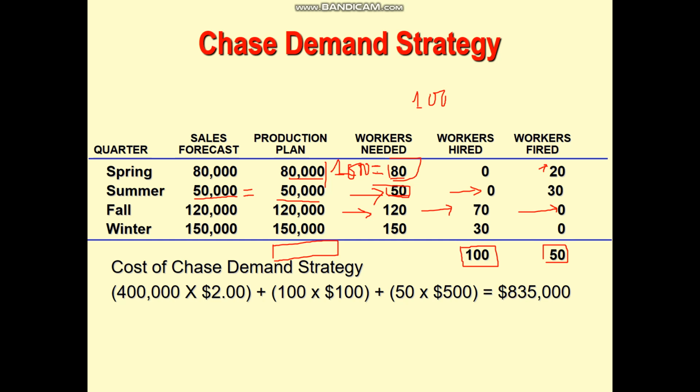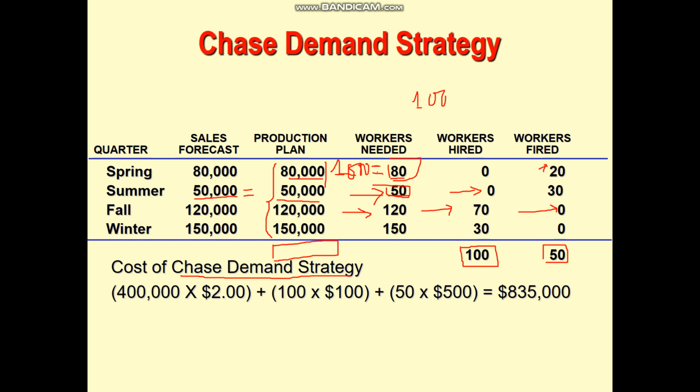Here we don't have inventory cost because we produce the same quantity as the sale forecast, so we don't have inventory. So we can calculate the total cost when we use the chase demand strategy, which is equal to the production cost, hiring workers cost, and firing workers cost.